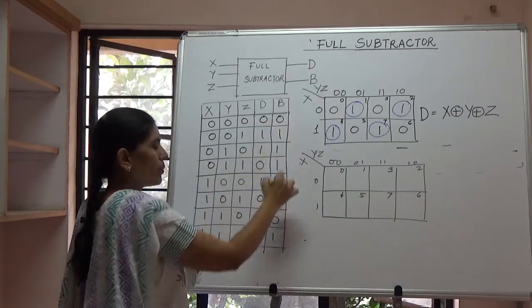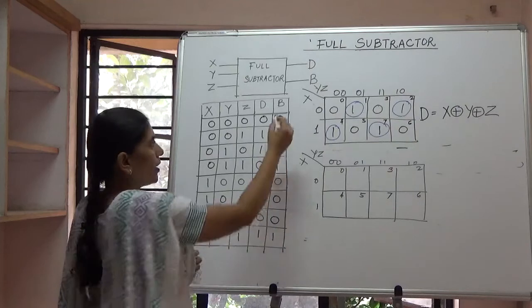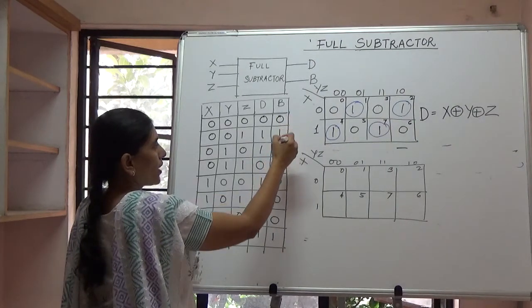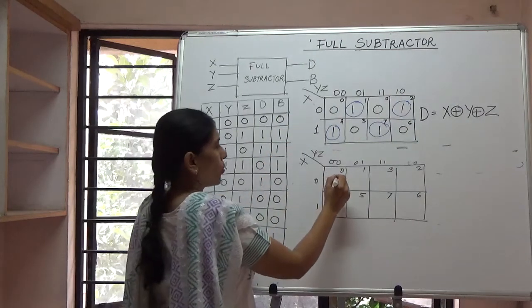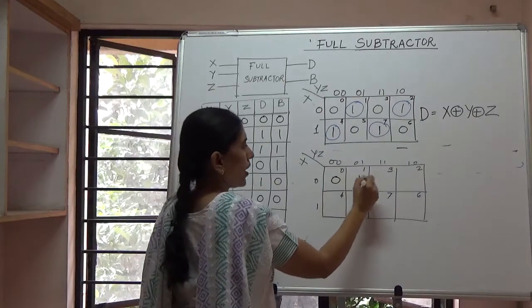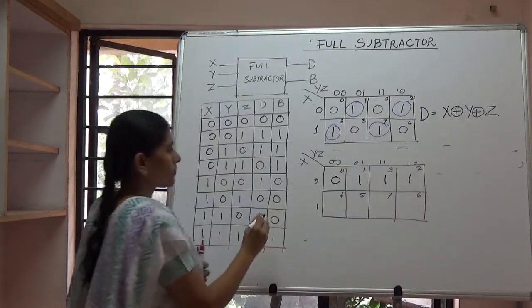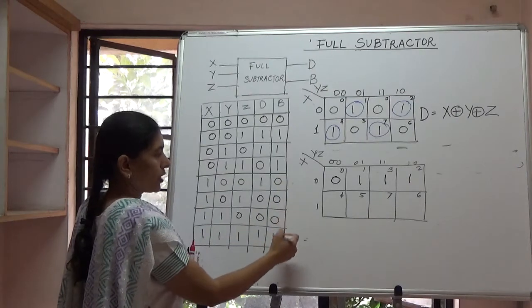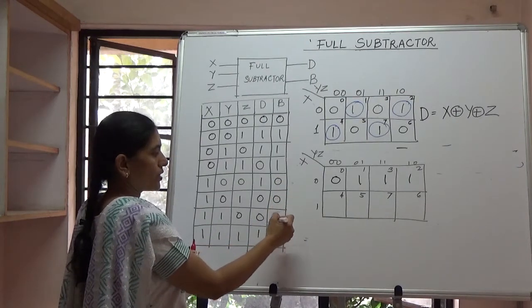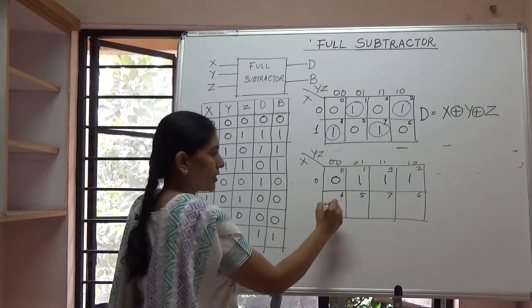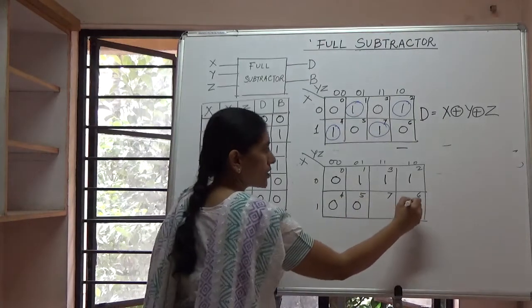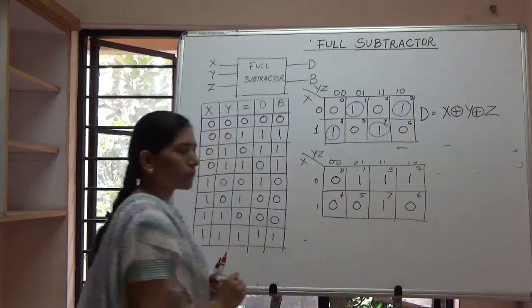Let us plug in the bits of the borrow bit. Borrow is 0, 1, 1, 1. And for the last four combinations it is 0, 0, 0, 1.